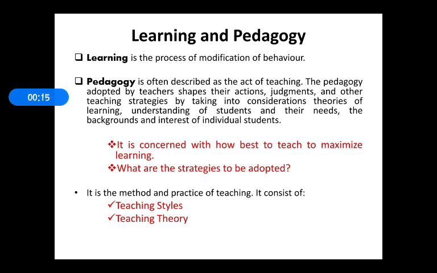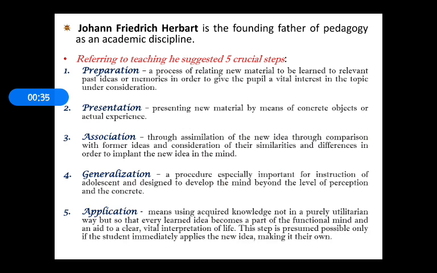So as a whole, the learner's background needs to be taken into consideration while deciding on the strategy that the teacher intends to adopt. The main purpose of adopting the strategy is to maximize learning among the learners.